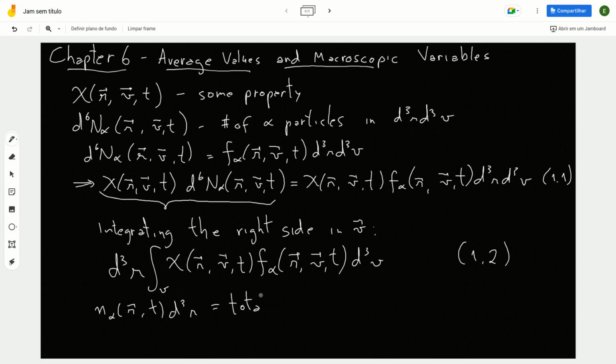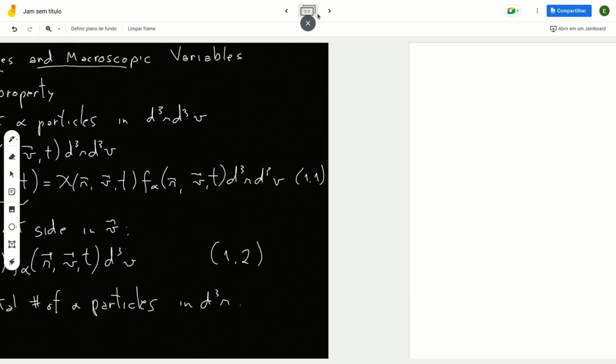Total alpha particles in d3r, independent of velocity. Then if you want to compute the mean value of chi in the velocity space for alpha particles, then all you have to do is to divide 1.2 by this quantity. All right, so you have the mean.